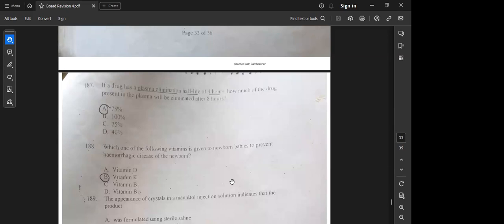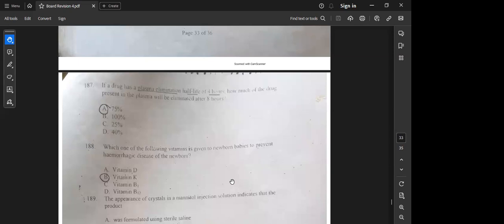The formula for half-life is T half-life equals 0.693 over K. So in any question, if you're given the K, then you would use that formula.